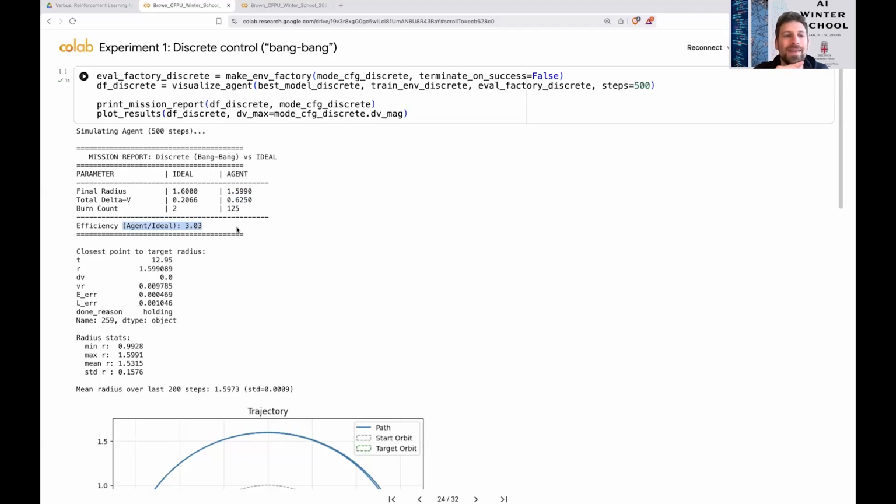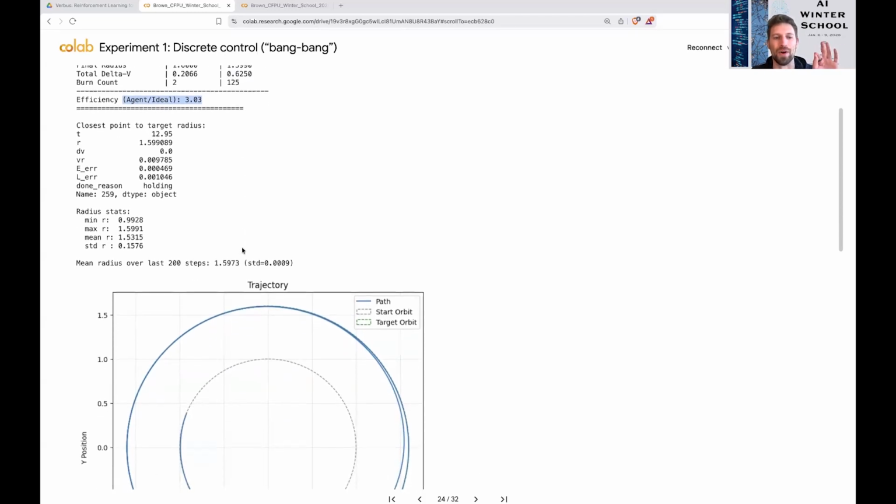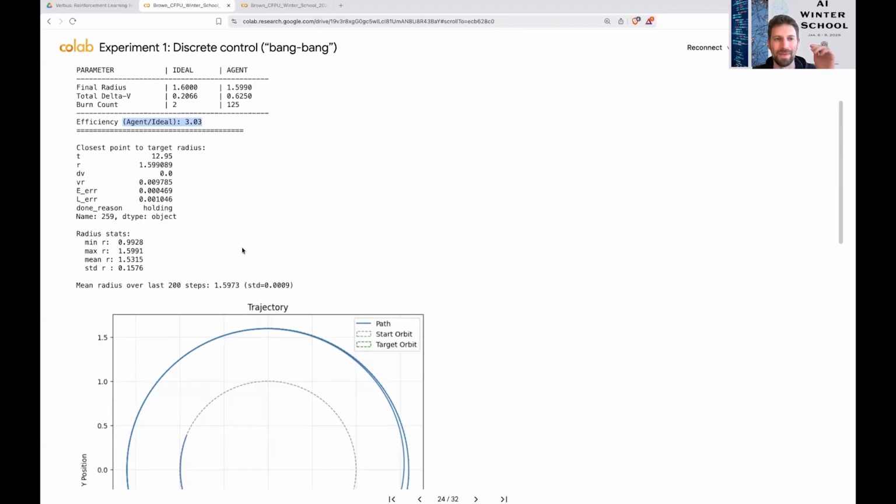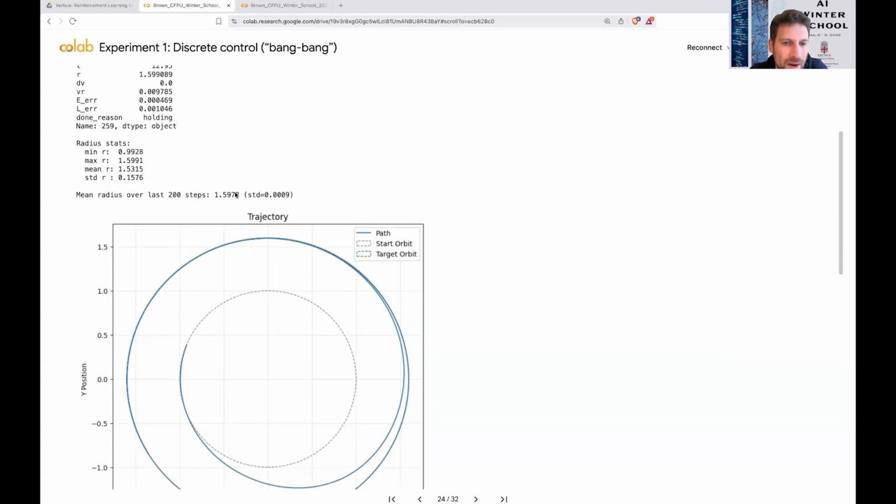And that's not surprising because in our configuration, we specified that each burn is quite small because it's either on or off, plus or minus, prograde, retrograde. So each burn is very small, and it doesn't have the opportunity to do just one burn and match the ideal Hohmann solution.